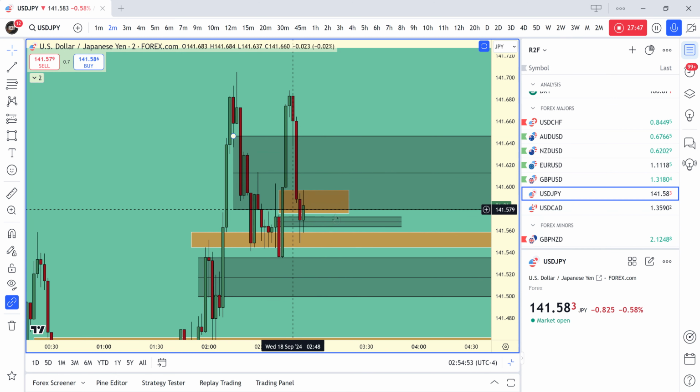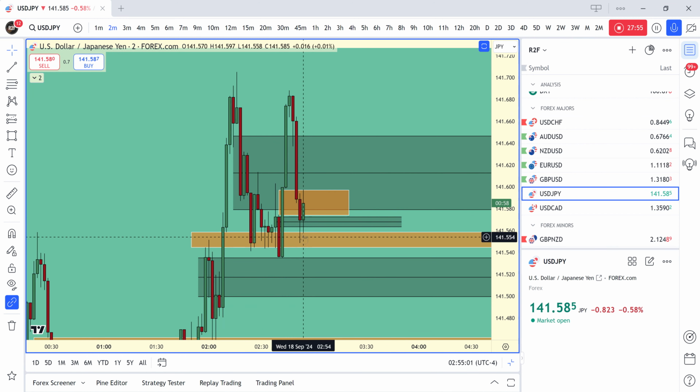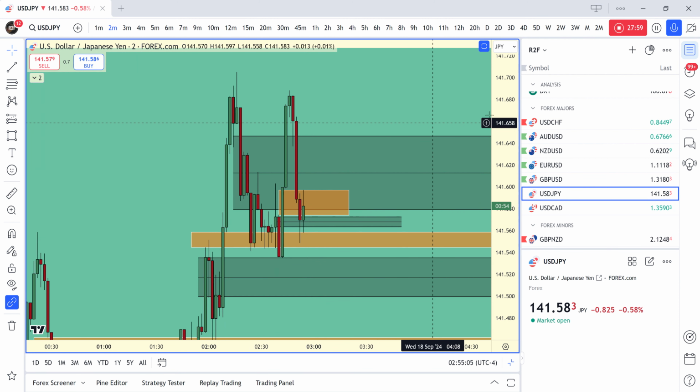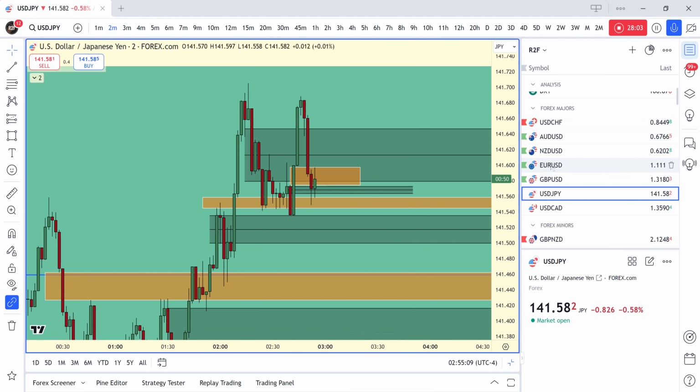This was a 2 minute R2F. It's okay to paint outside the lines when there's another PD array there. By all means, close up here, use that as support, and then move higher, if that is the narrative. Okay.